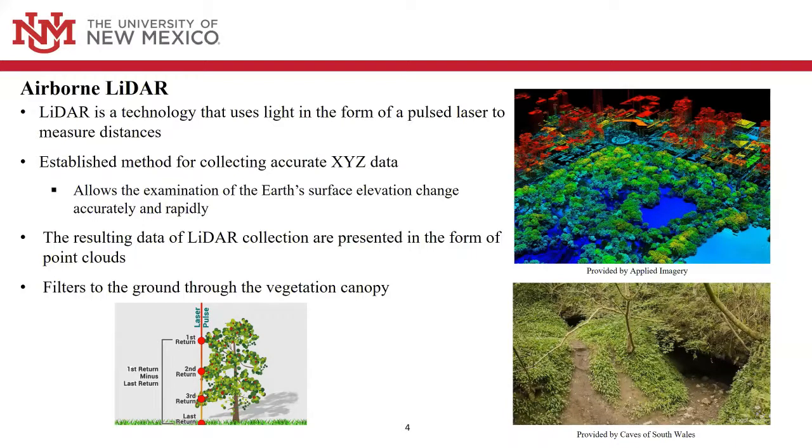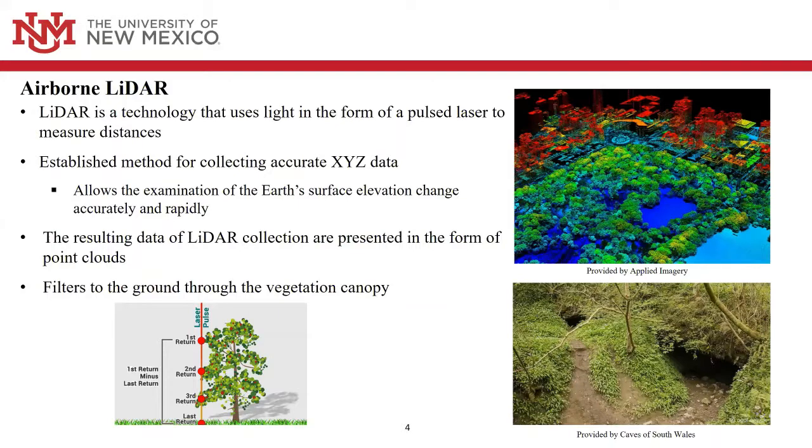It is a well-established method for collecting accurate XYZ data, basically three-dimensional data, and it allows us to examine the Earth's surface elevation change accurately and also rapidly. The resulting data from airborne LiDAR collection are presented in the form of a point cloud.